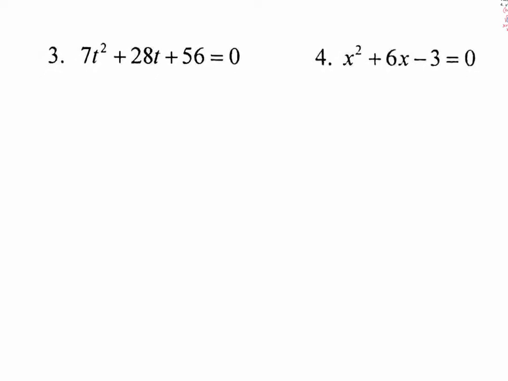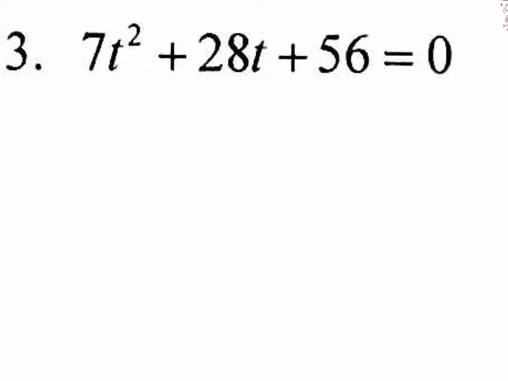Which one should we do, 3 or 4? 3? Step 1 is to make sure the a value is 1. So what would I do to make it 1? Because right now it's 7. Divide by 7, divide by 7, even the 0, divide by 7.